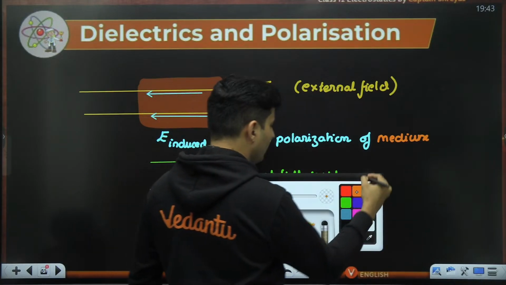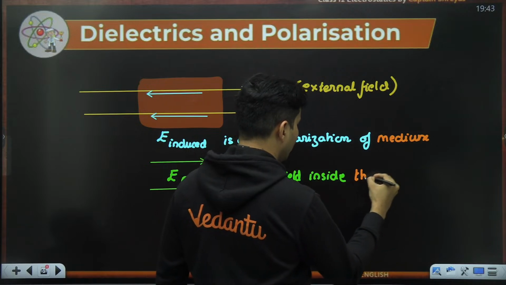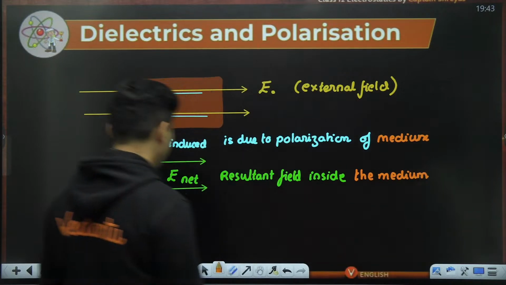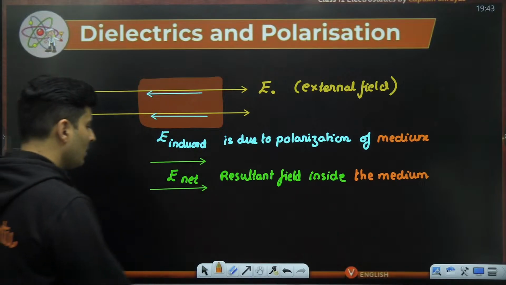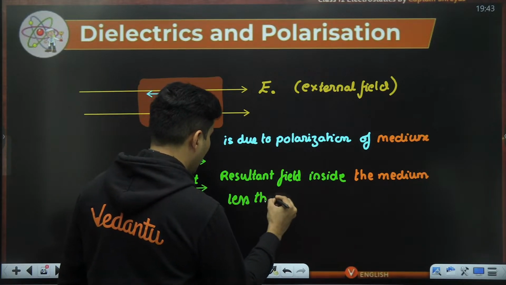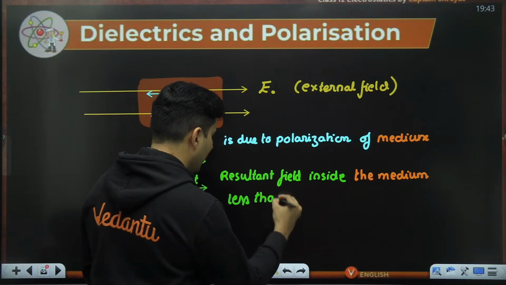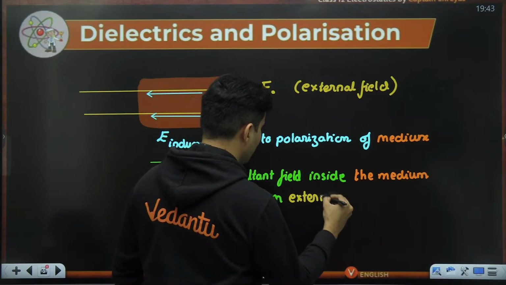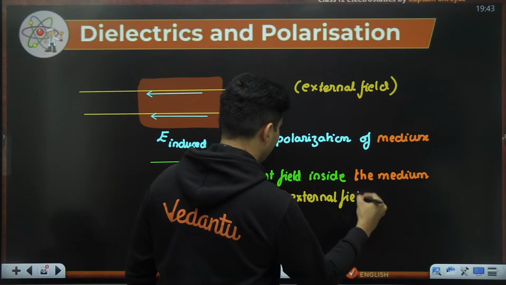This is the resultant field inside the medium, which is definitely less than our external field.